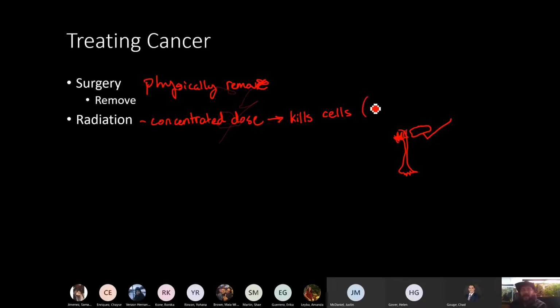Great example of radiation is the gamma knife. Gamma radiation is really shortwave radiation. It doesn't penetrate super far. And what happens with a gamma knife is that they have these two emitters, right? And they emit gamma radiation, but they emit it at a relatively low power. And this power is low enough to be harmless.